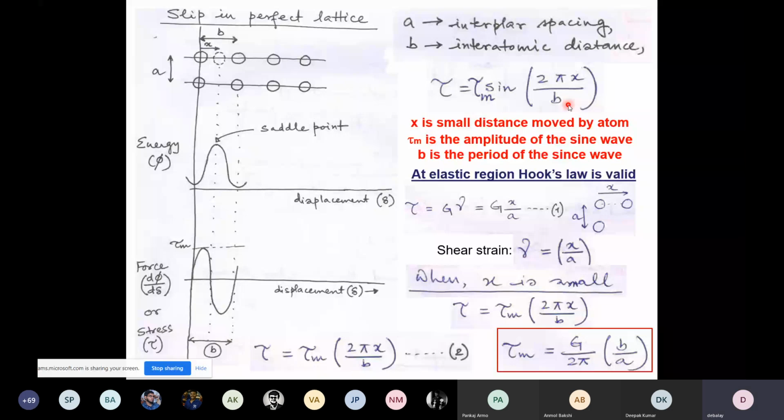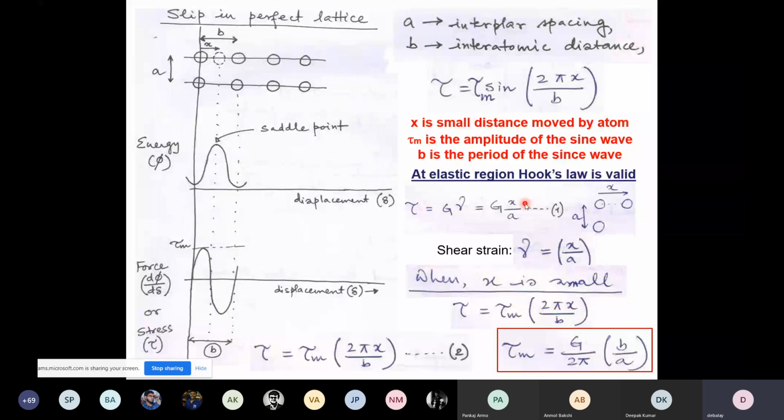And as x is smaller than b, you can remove that sine part, and take tau equal to tau m times 2 pi x by b. On the other hand, at the juncture when the elastic condition transforms into plastic, the elasticity theory also holds at that critical point, where tau equal to G into gamma, where gamma equal to x by a.